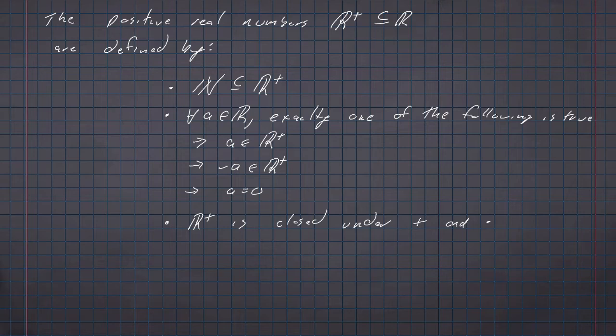Again, this is kind of backwards of what you are accustomed to. We are starting with these properties as the definition of the positive numbers. In previous coursework, you've defined positive numbers kind of intuitively.